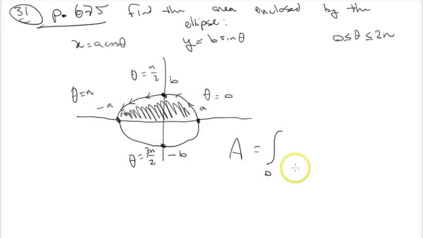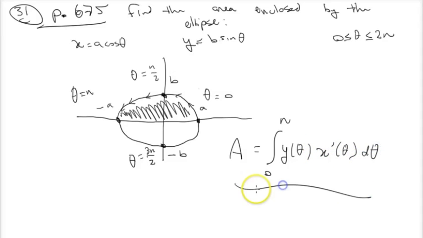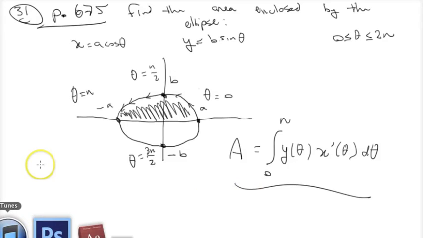So we're going to go between 0 and pi, and y is b sine theta, so we're going to get y in terms of theta times the derivative of x in terms of theta, d theta, and that is going to be our expression for the area. Now let's go into the next page and actually solve that.